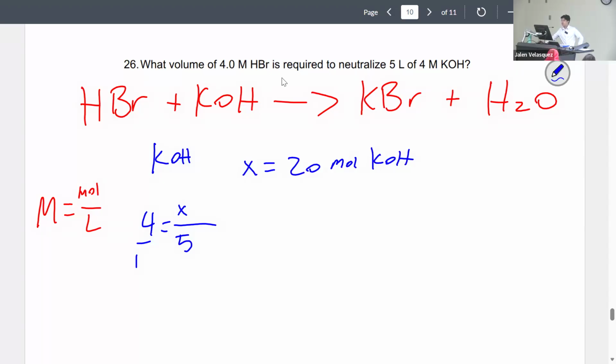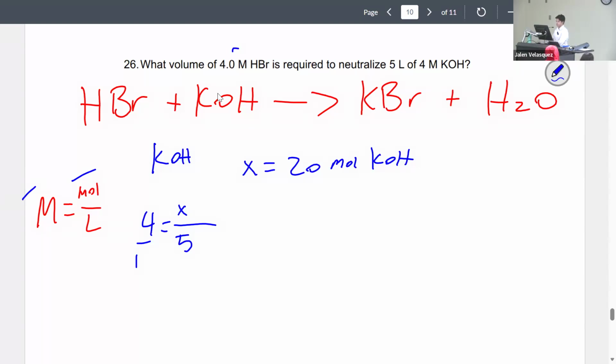Now that I have the moles of my KOH, remember what we're solving for: the volume of hydrobromic acid. So we're going to need concentration, which we have, and we're going to need moles. From the moles of KOH, can I figure out the moles of HBr?